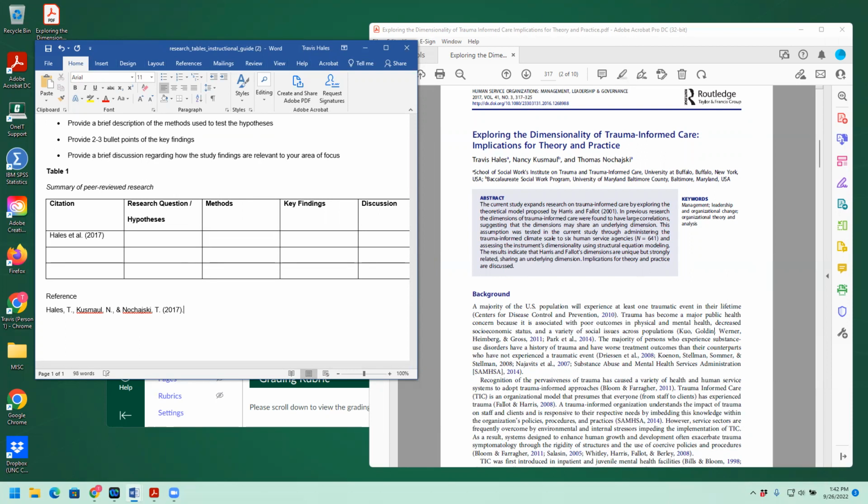So you start out with the author's last names, followed by first initials with an ampersand symbol before the last author. And then you use sentence case to plug in the title, Exploring the Dimensionality of Trauma-Informed Care.